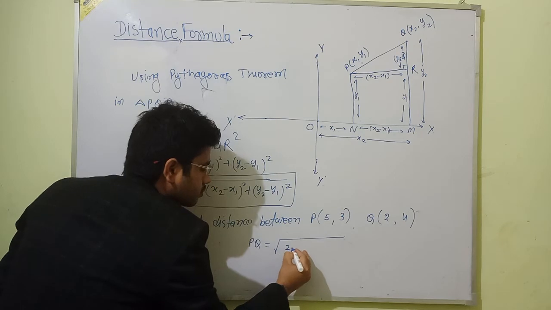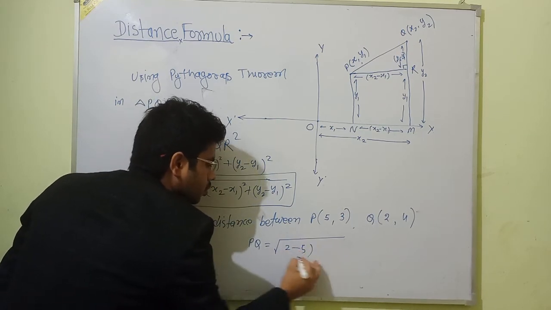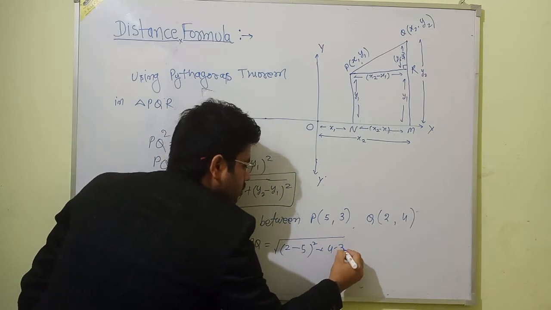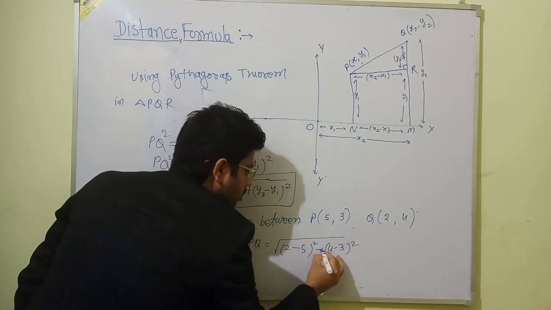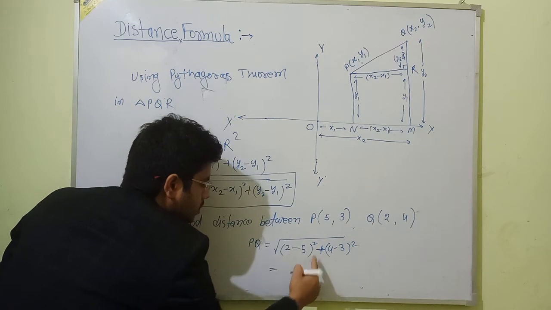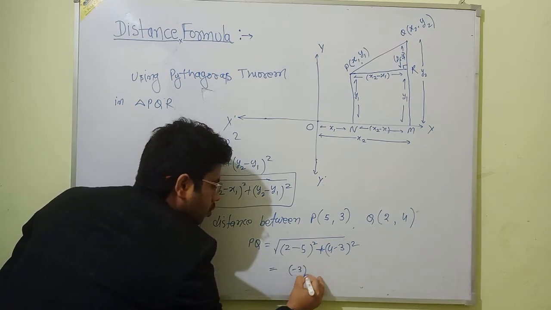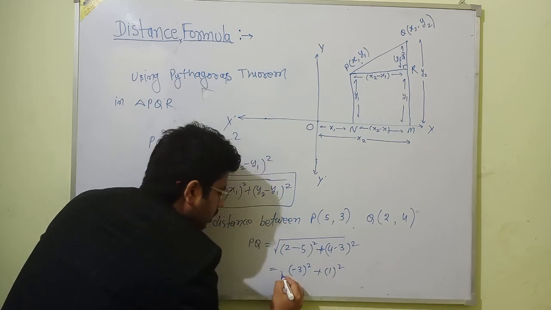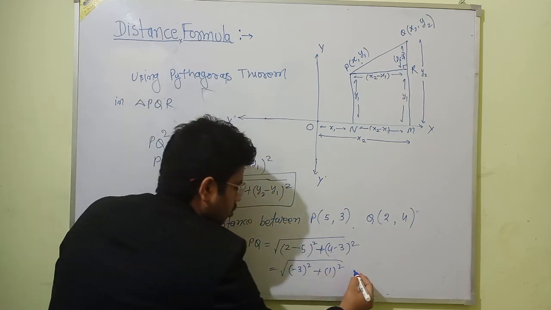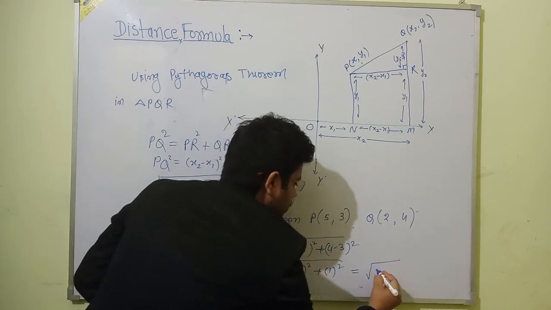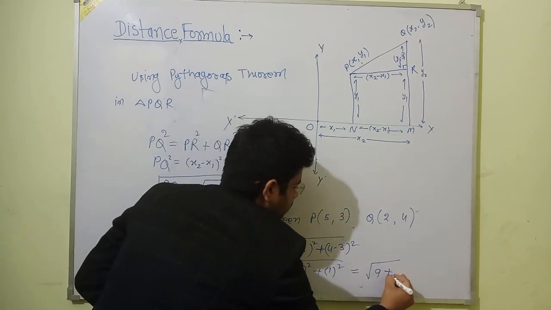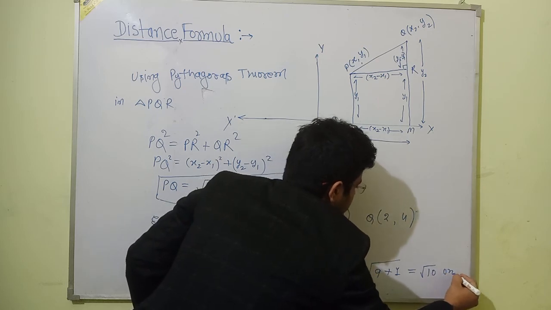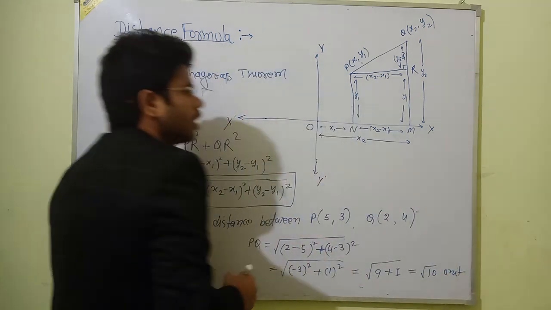So 2 minus 5 becomes minus 3 whole square, plus 4 minus 3 becomes 1 whole square, under root. So minus 3 square becomes 9 and 1 square becomes 1. So 9 plus 1, that is under root 10 units. This is the distance between P and Q.